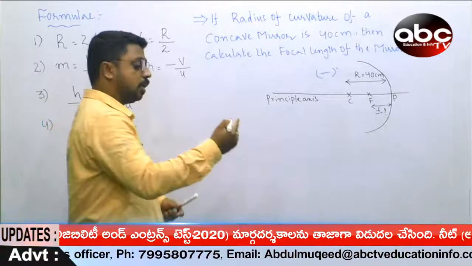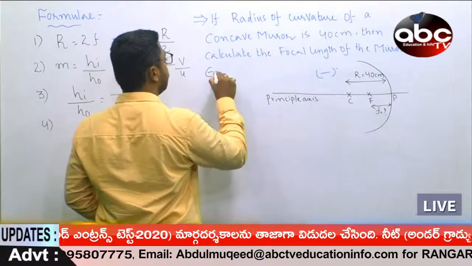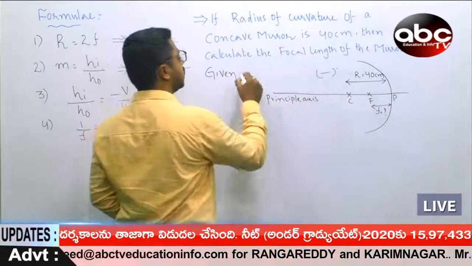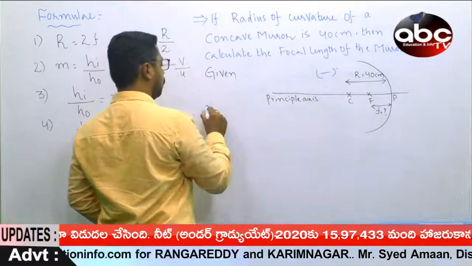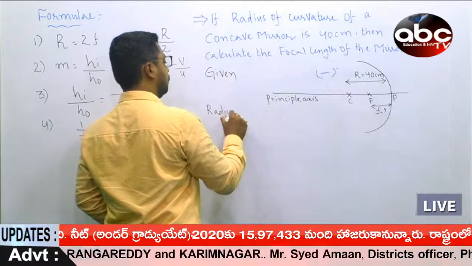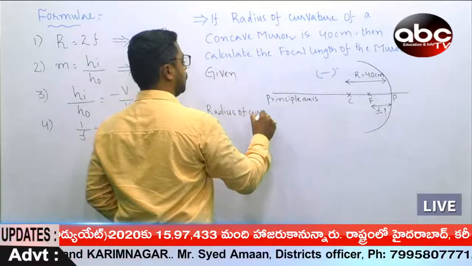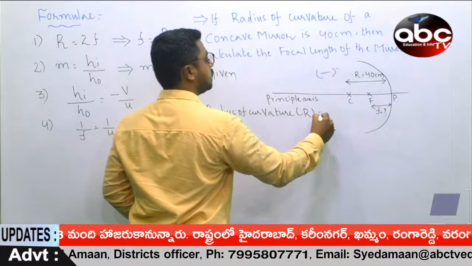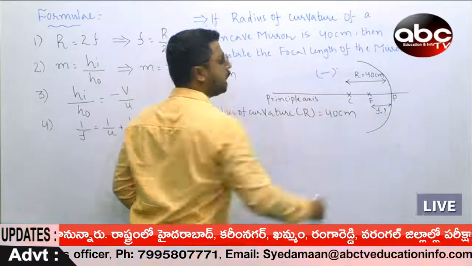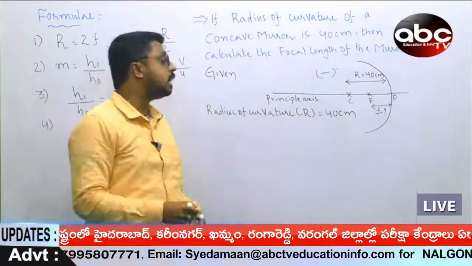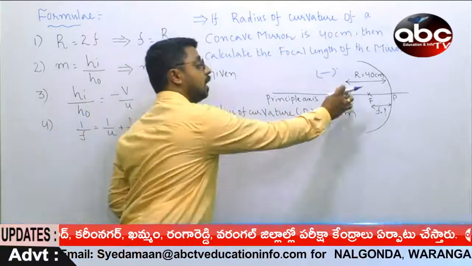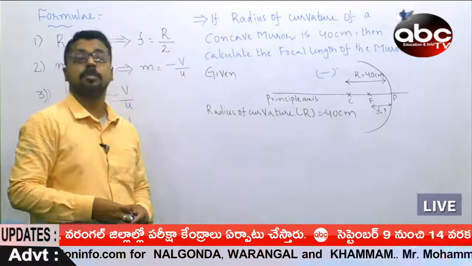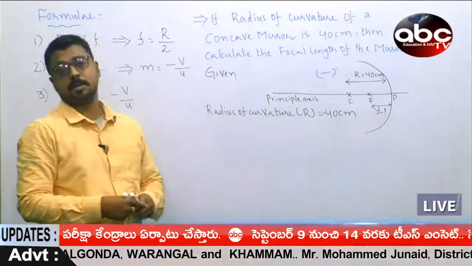So what is going to happen? Let me write the given. What is given? First, radius of curvature R is equal to 40 centimeter. As it is lying on the active side, the sign is negative, minus 40. It's minus 40 centimeters.